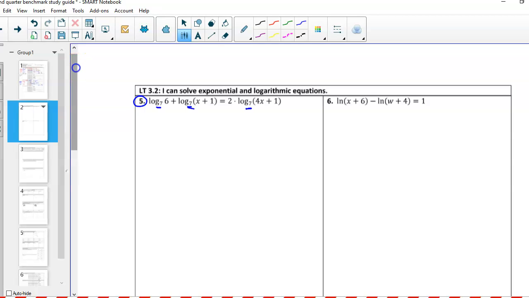We actually have the same base all over the place, but we'll talk about the one on the right in a second. When we have the same base, that means we can condense these two by doing what? Multiplying. I'm also going to rewrite this because any number in front can be rewritten and raised as an exponent.